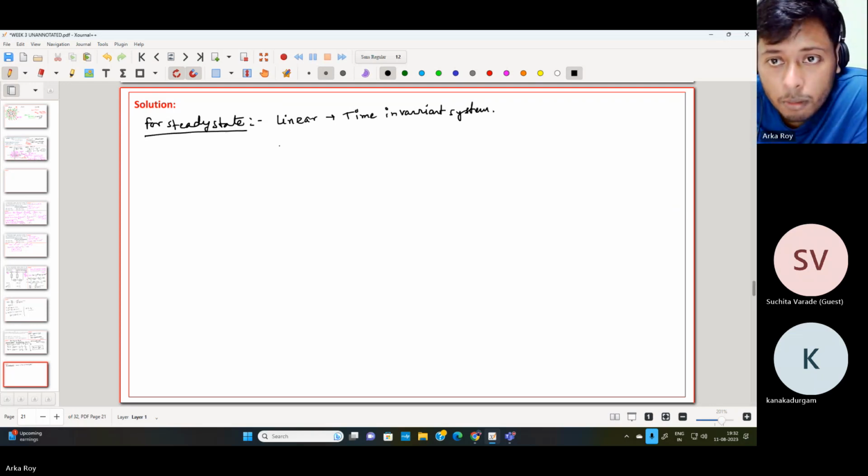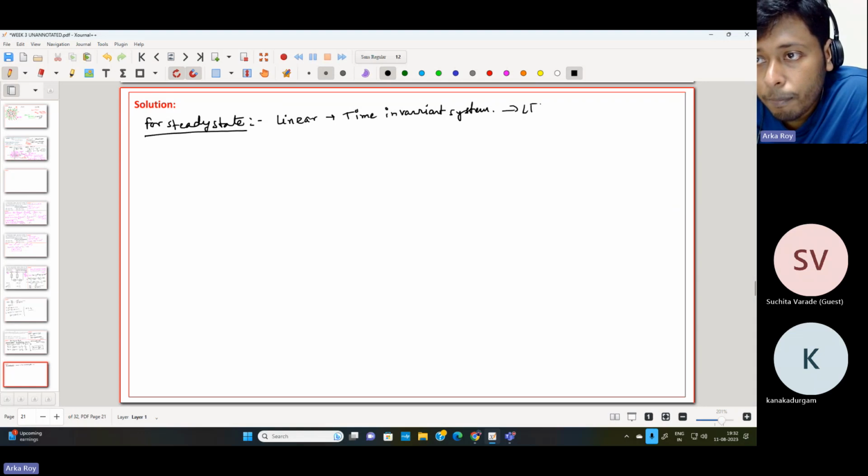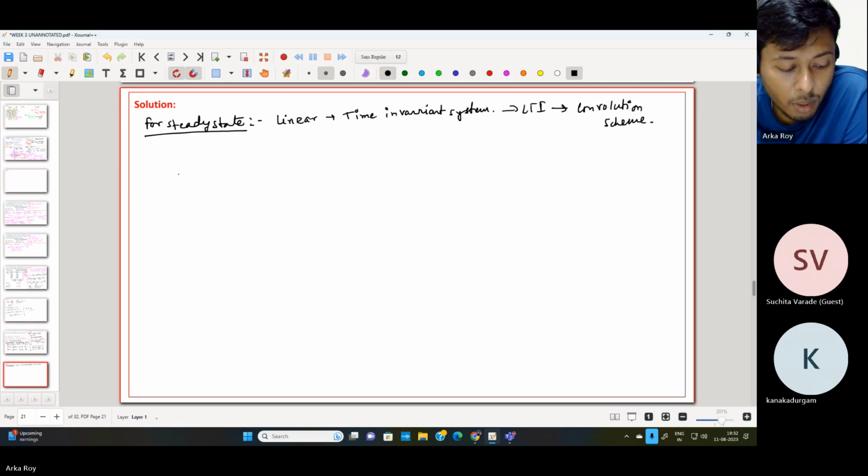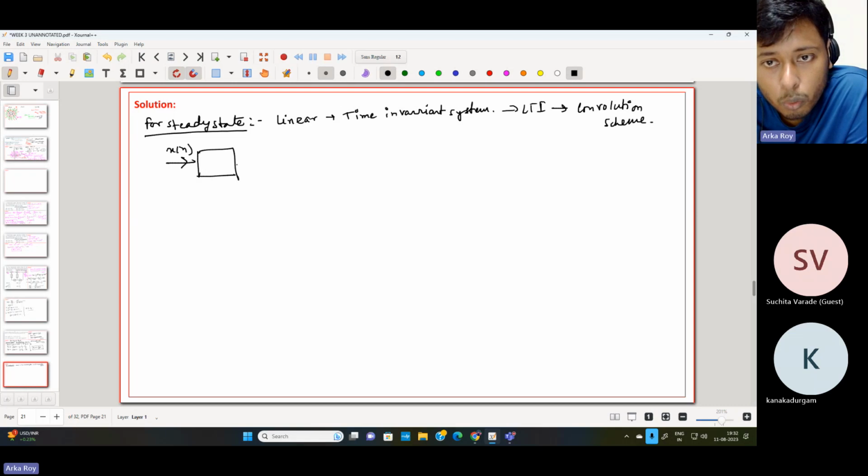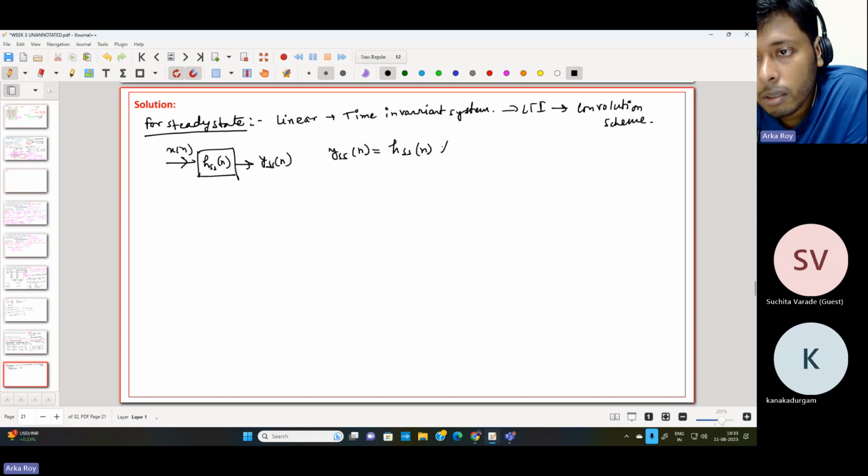As this is an LTI system, it will follow the convolution scheme. So we can consider that given xn, to get yssn, that is the steady state solution, there will be some transfer function hssn, and yssn is basically the convolution between these two and xn.